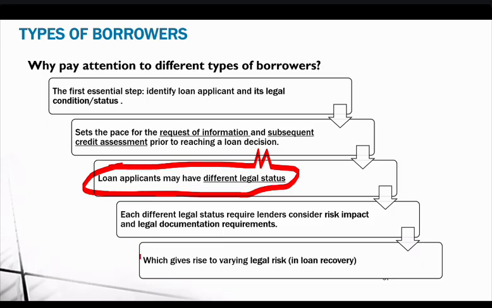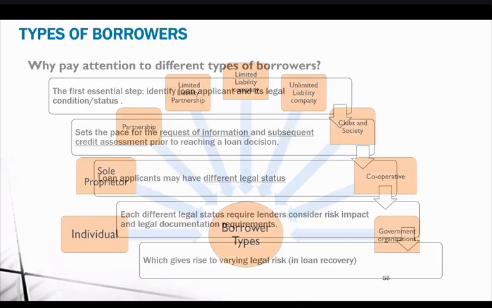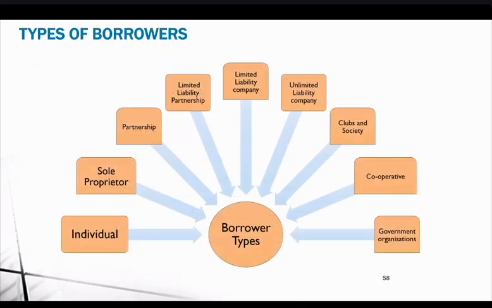Because they have different legal status, they have different risk impact and documentation requirements. So there is also a variation of legal risk in loan recovery. These are the different types of borrowers that we're going to cover.